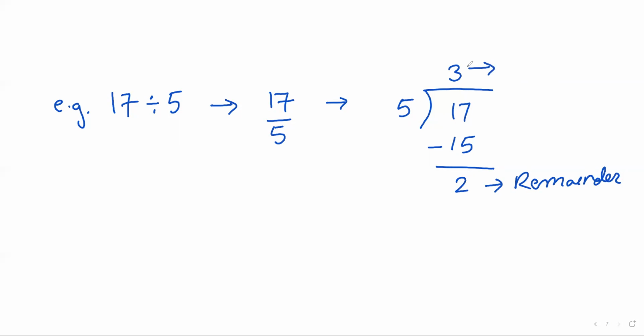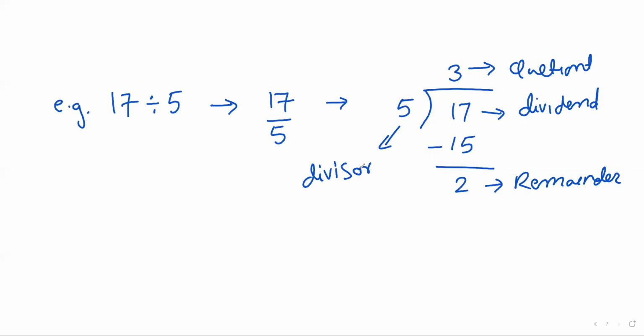As we have seen earlier, this 3 is called quotient, this 17 is called dividend, and 5 is called divisor.